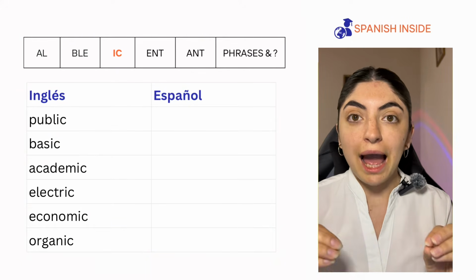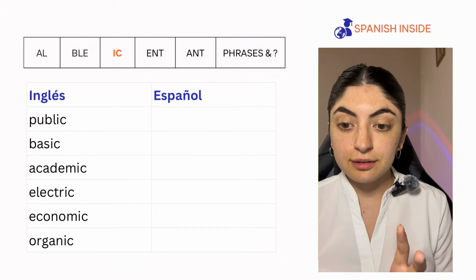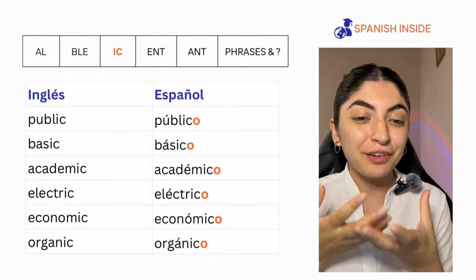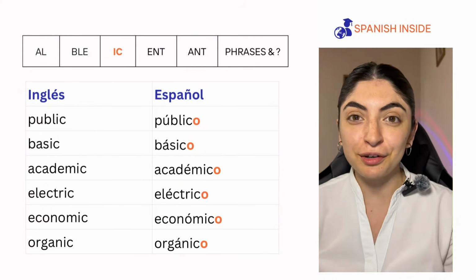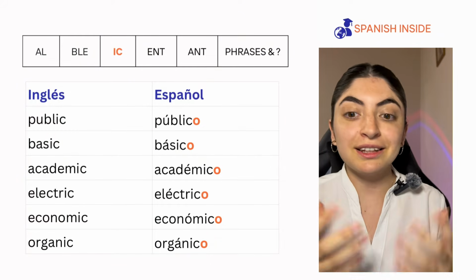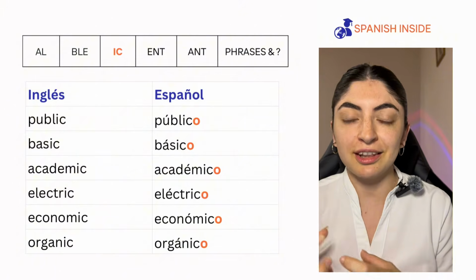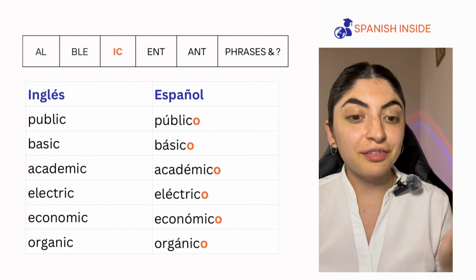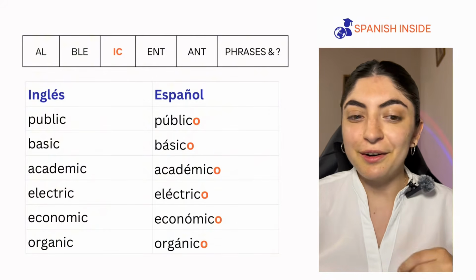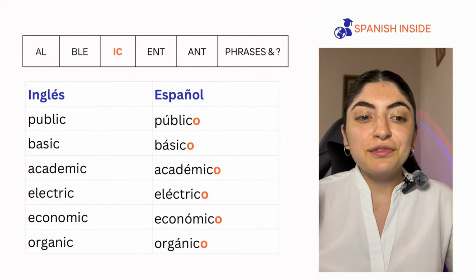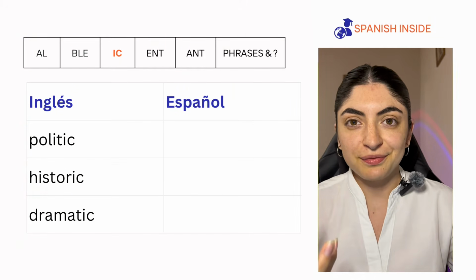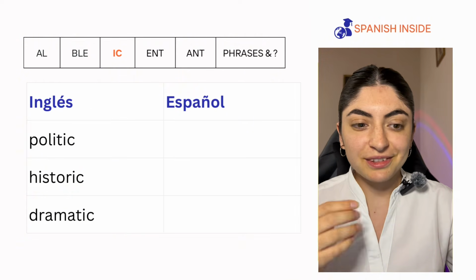So add an o at the end like this. Ta-da! You have all this Spanish vocabulary that is already present in your English vocabulary, and by simply understanding this pattern, you have all these Spanish words. It's amazing. I love it. Now, let's continue to transform these English words into Spanish words. Just take a look at them.